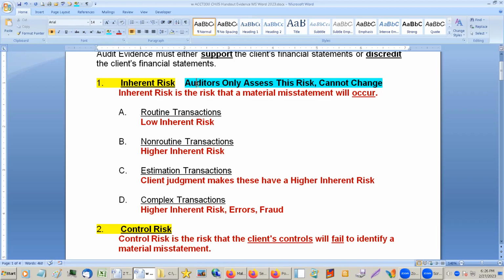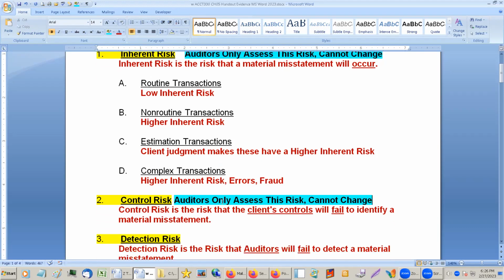And same thing for control risk. Auditors only assess this risk. They cannot change it. This one, we can.